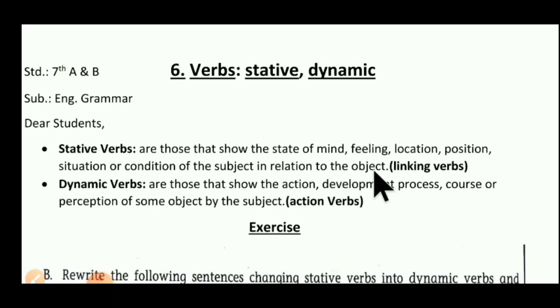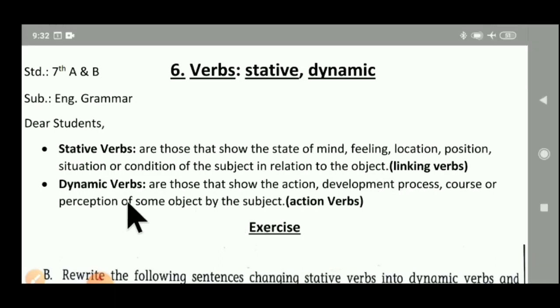It shows the relation between subject and object. That type of verb is known as a linking verb. We studied it in our 6th standard grammar textbook also.